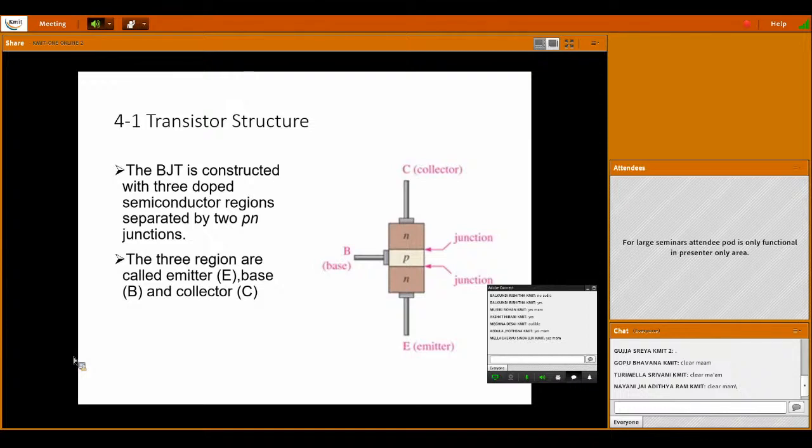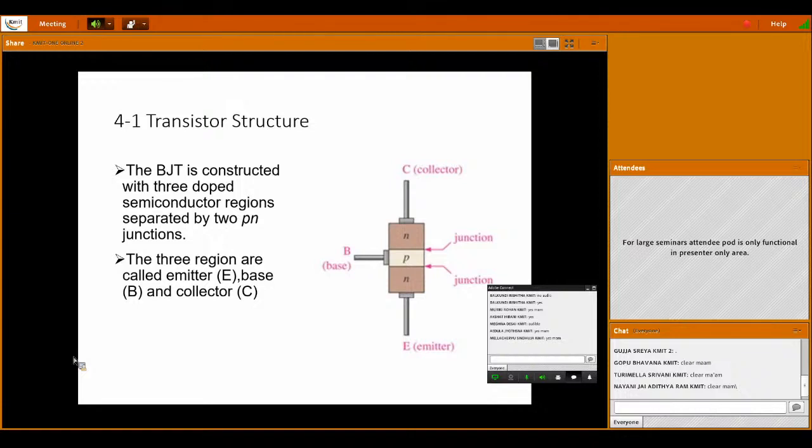Generally we say the emitter is heavily doped, the base is lightly doped, and the collector is moderately doped, so its impurity concentration is in between those of the base and the emitter.